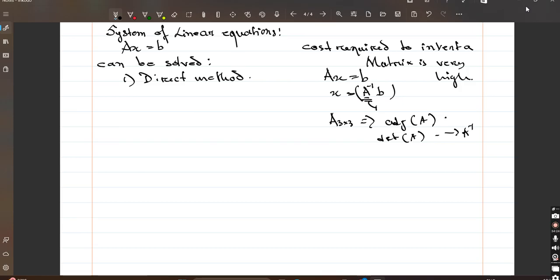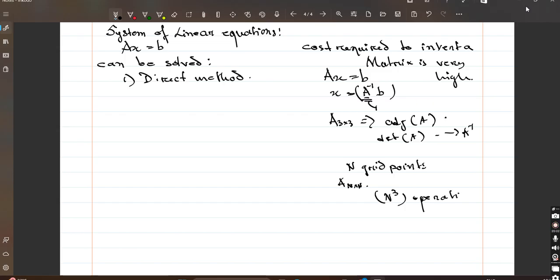So if you have a system with n grid points, you will make a matrix which is n cross n. And to invert this matrix, you will need n cube operations.